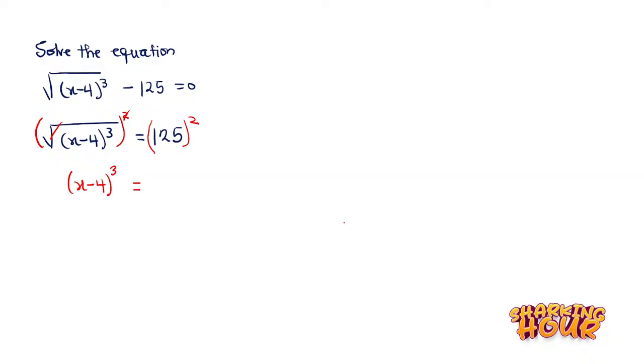So 125 squared, or 125 multiplied by itself, gives 15,625. Now, because we want to find the value of x, we need to get rid of everything around x.